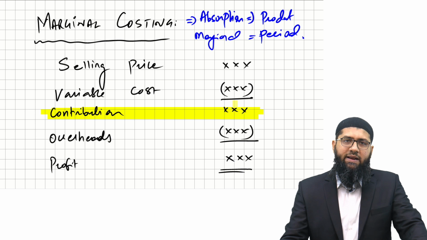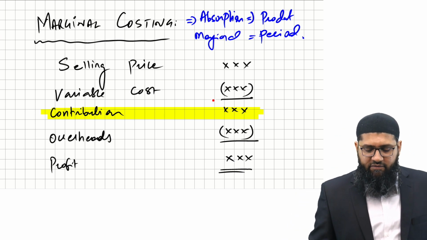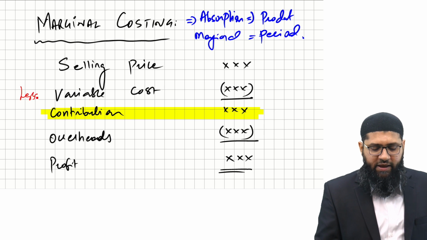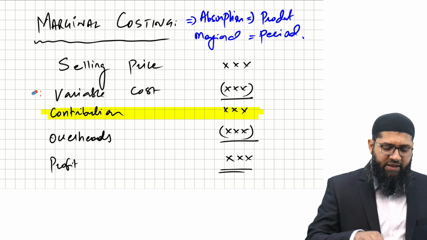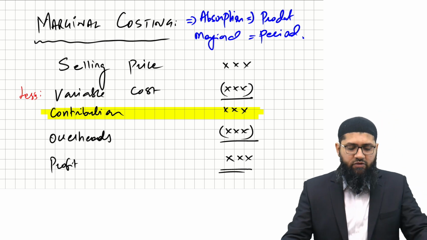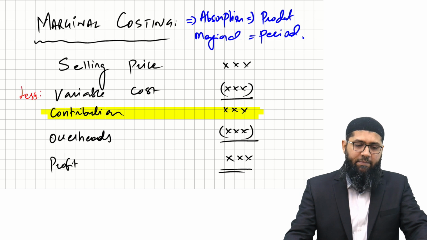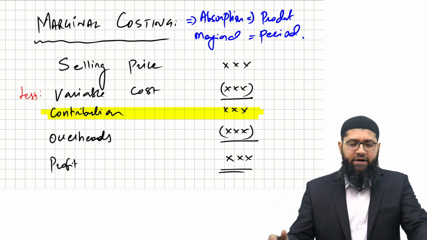What is contribution all about? Simply, it is the selling price less the variable cost. I repeat, selling price less the variable cost gives you contribution.